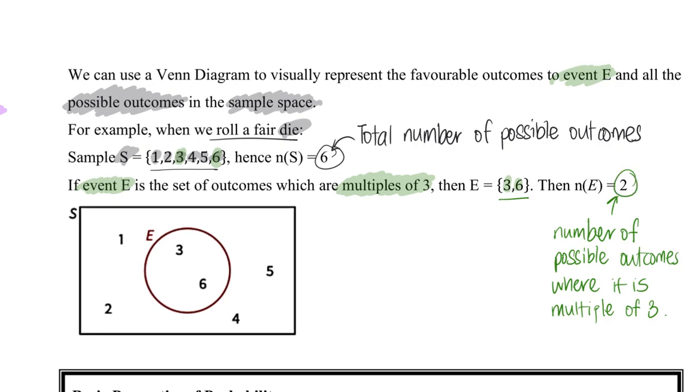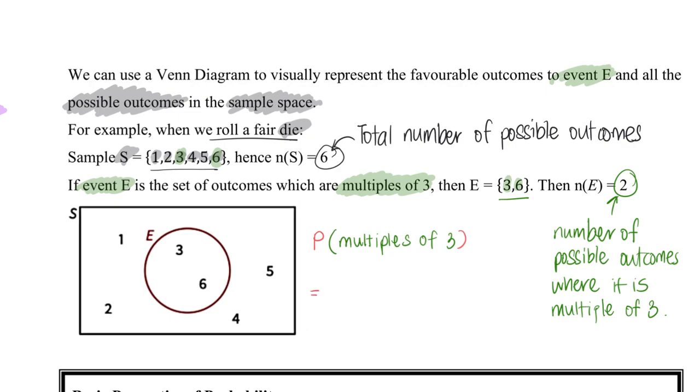multiples of 3. Okay, so in this case, how do we represent the probability? We must write down P, and what is the event? The probability is about multiples of 3.